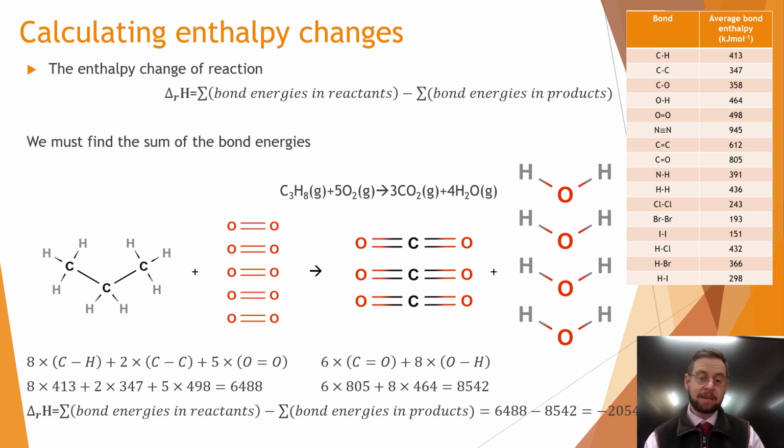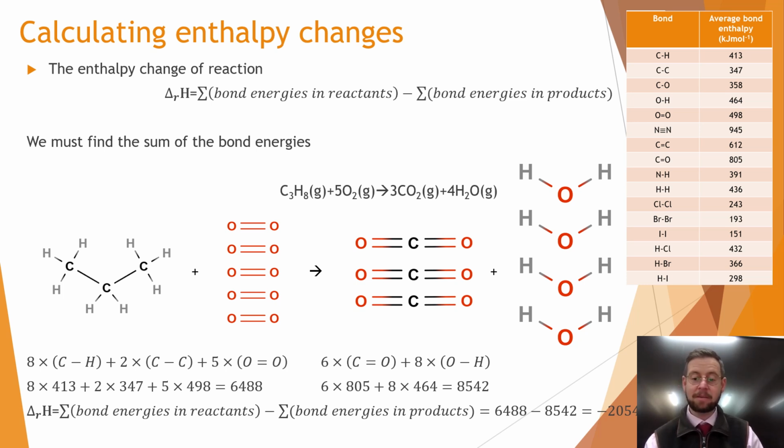And what I need to do is simply multiply how many bonds there are by the enthalpies of those bonds. So I've got 8 carbon-hydrogen bonds in propane, I've got 2 carbon-carbon bonds, and I've got to add those to the 5 oxygen double bonds that I see on the oxygens there. Now this is the sum of the bond energies of the reactants, and I must take away from these the sum of the bond energies from the products, which I've got right there.